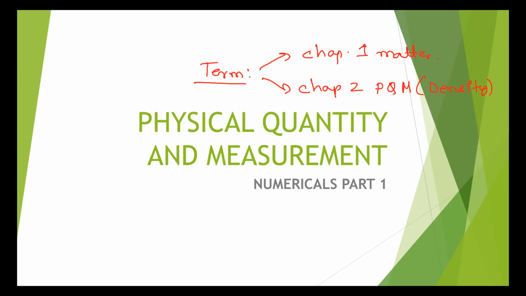These two chapters we have already completed as far as theory is concerned. But when it comes to numericals, chapter 1 has no numericals, but the second chapter has numericals based on density.